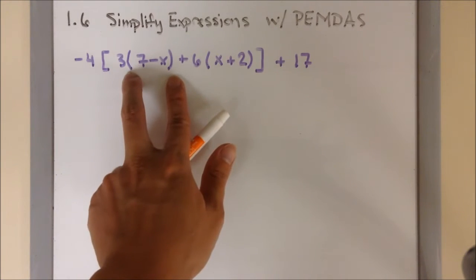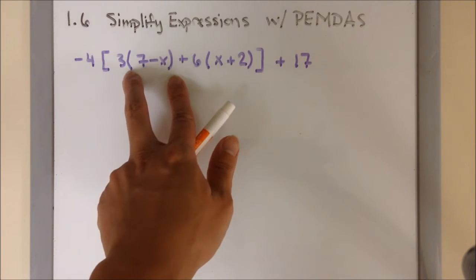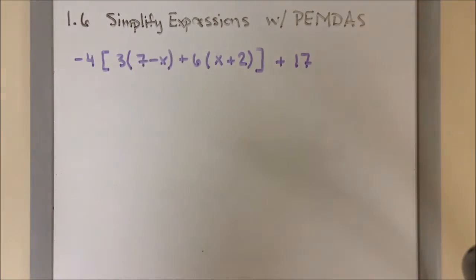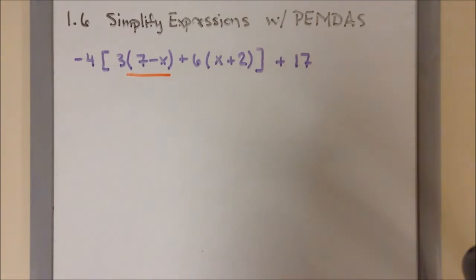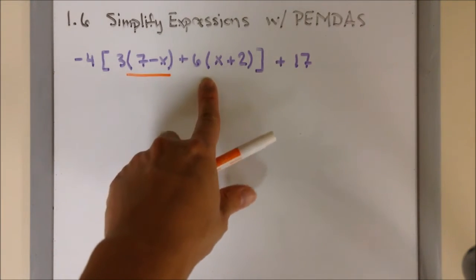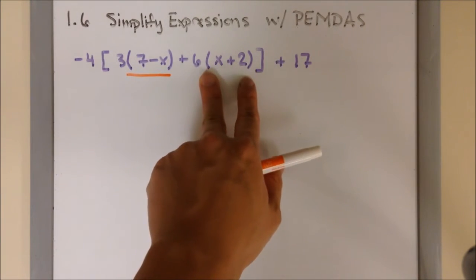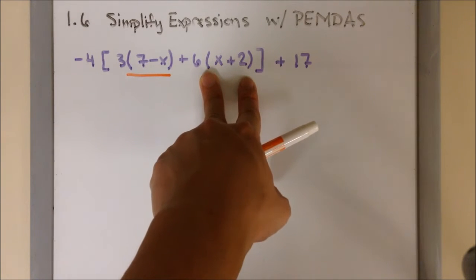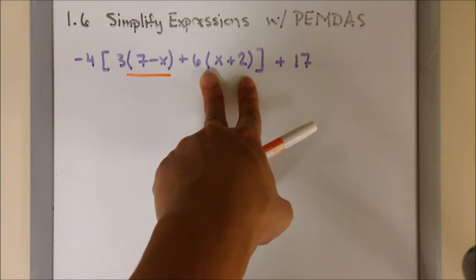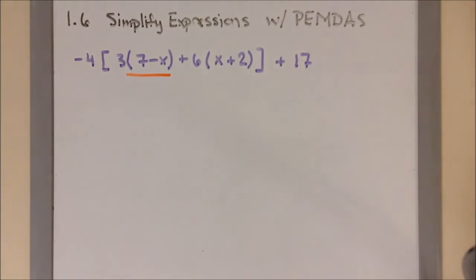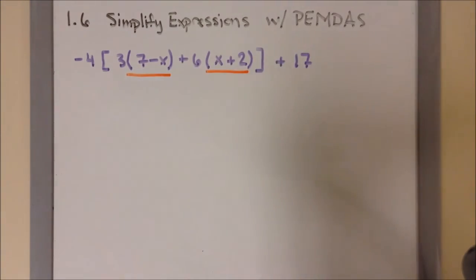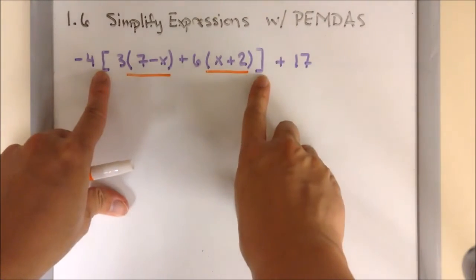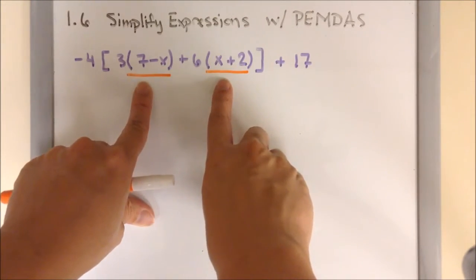Starting from open parenthesis, it changes to close parenthesis. That's our first group. From there, open parenthesis, then next is close parenthesis. So again, it went from open parenthesis to close parenthesis. That's our second group. And then close bracket. So that means this is our big group. Within it are two smaller groups.